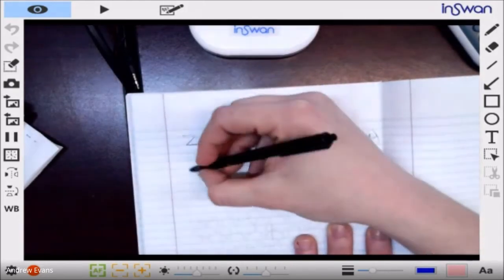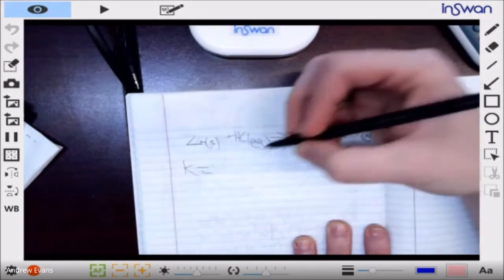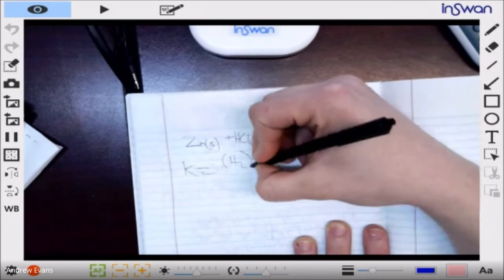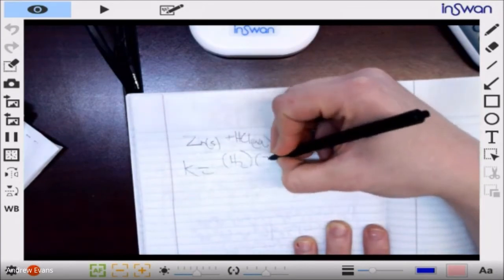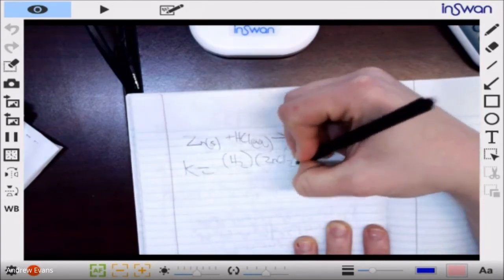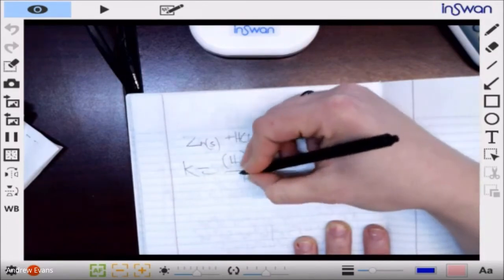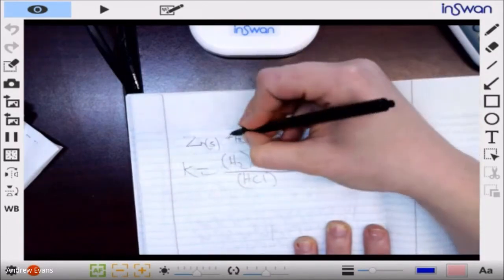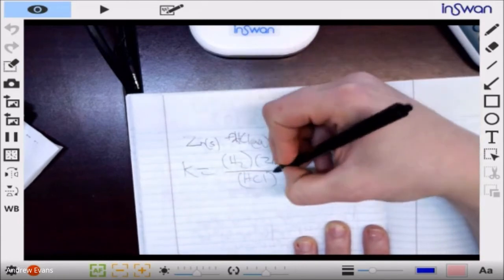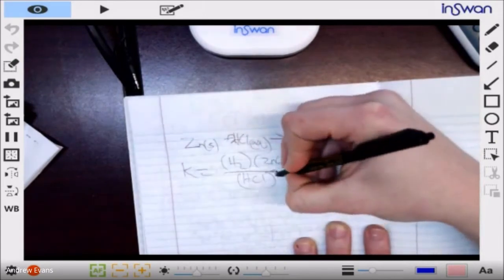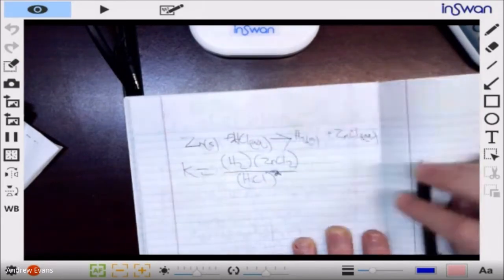So our K expression would have to do with the products, H2 and zinc chloride, over our HCl. So I have to balance that. So 2 HCl, so HCl squared.